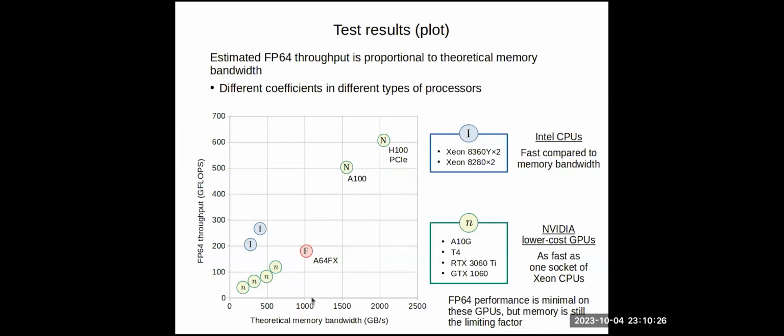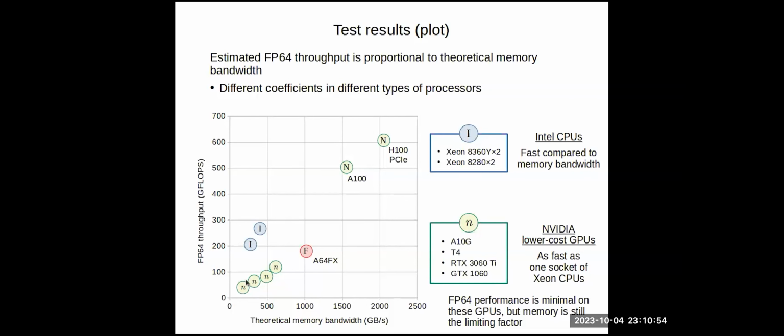We can see a clear relationship between the theoretical memory bandwidth of the processors and the estimated throughput of our model. The blue ones are Intel Xeon CPUs, and we can see that the proportional coefficient is larger on those Intel CPUs, probably because the latencies are very small on Xeon CPUs.